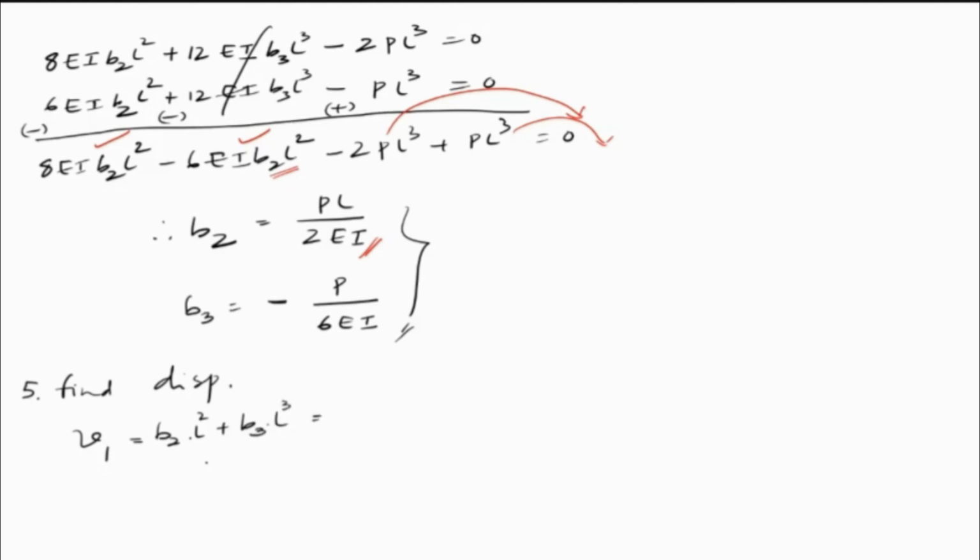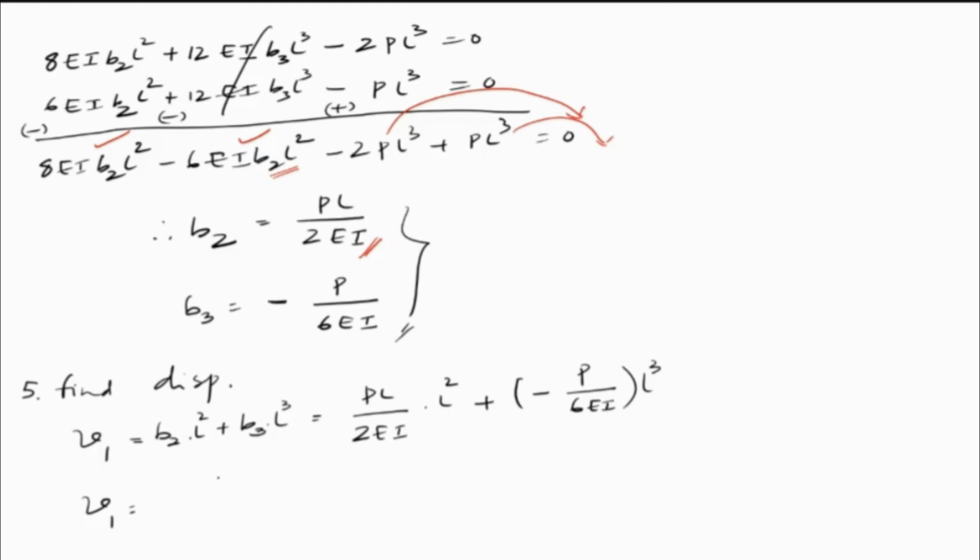So now let us substitute the calculated value of B2 and B3. B2 is PL divided by 2EI into L square. So this L square I have kept as it is, plus B3. B3 is minus P divided by 6EI into L cube. This L cube as it is. Further, I'll do the simplification.